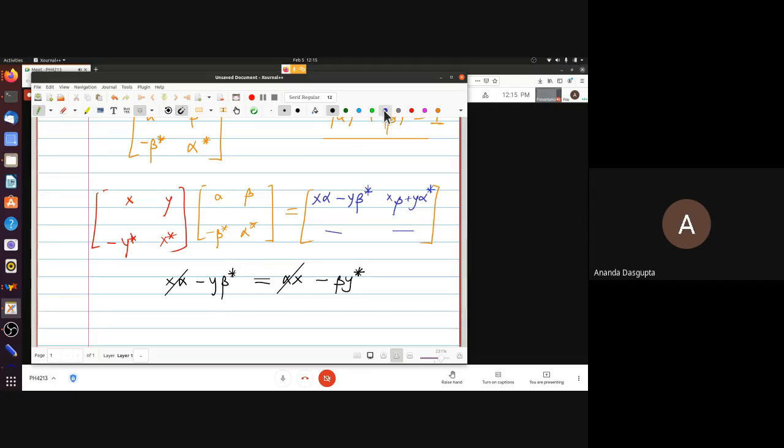The other equation tells you x beta plus y alpha star. x is replaced by alpha, beta by y, plus y goes to beta here. Then alpha star becomes x star.